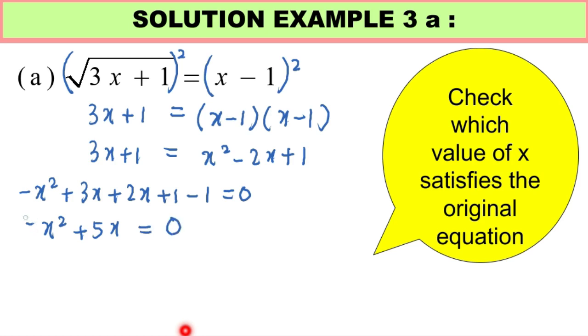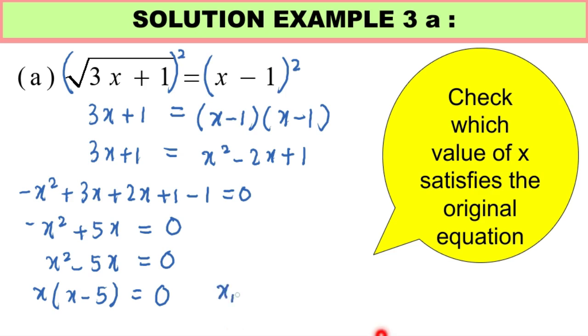I want to make sure that the a is positive here. So rearranging this expression, I'm going to factor out x to factorize this quadratic equation completely. So I have 2 solutions of x. The first one is 0, then the second one is 5.